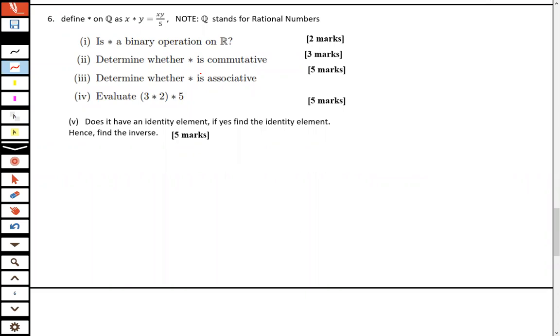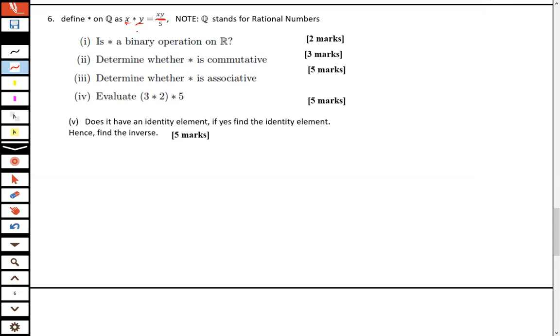So the first question is, is star a binary operation on rational numbers? Here you don't just guess, you have to check if there is any possibility of replacing x and y in this expression with two rational numbers and getting an answer which is not a rational number.